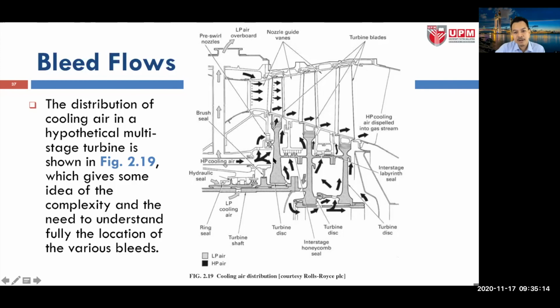This is the nozzle guide vane, the first stage of the turbine, which the combustion chamber output will meet, and then we have the other turbines, which gives some idea of the complexity and the need to understand fully the location of various bleeds.